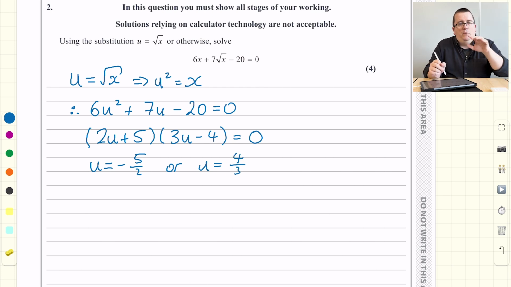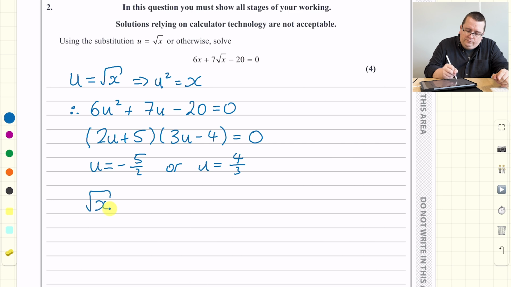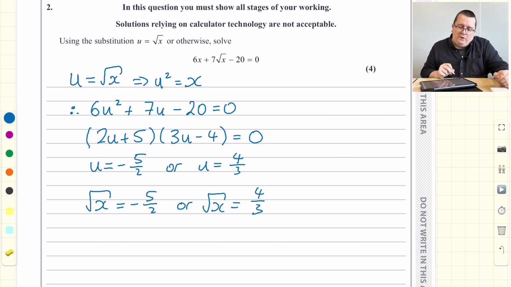So now that we've got that, we can replace the u back with root x. So we've got root x is equal to minus 5/2, or root x is equal to 4/3. Now, there's a problem with one of these, and that is that root x cannot be equal to minus 5/2.